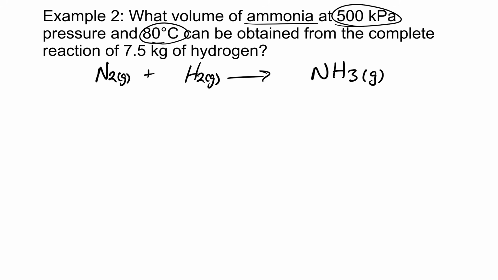So if I react nitrogen and hydrogen gas in a balanced chemical reaction, well, I've got 3 hydrogens and 2 hydrogens. That means I have to be able to make 6 of each. And if I have 2 nitrogens here, I already have 2 nitrogens there. Woo, perfect. We have a balanced chemical reaction.